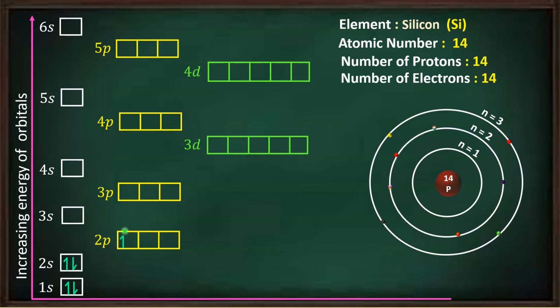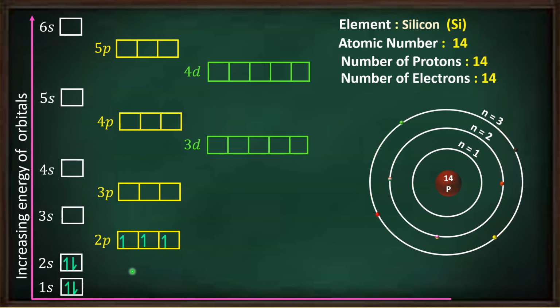Fifth electron enters into this orbital. Next, sixth electron occupies another empty orbital of 2p. Next, seventh electron occupies the third empty orbital of 2p. Next pairing will take place from the next electron onwards, isn't it?